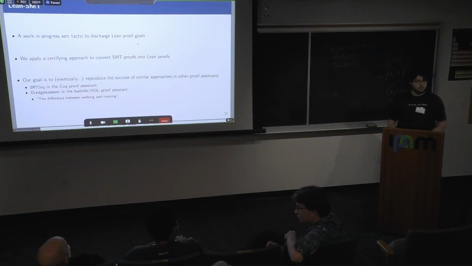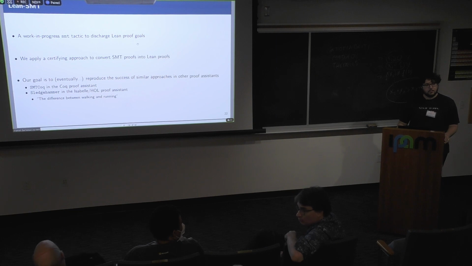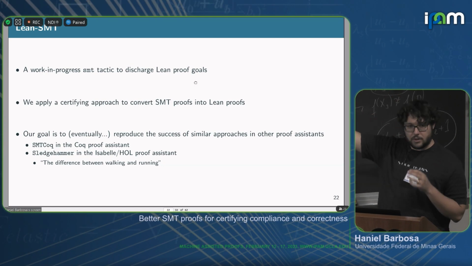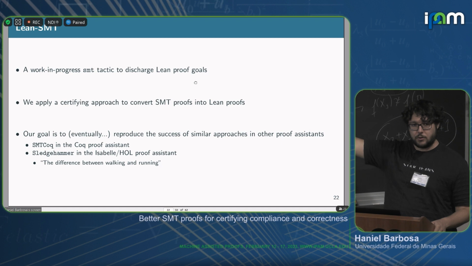So what's the difference between CVC5 and Sledgehammer and SMTCoq? Sledgehammer and SMTCoq are tools that run in the proof assistant. They are effectively tactics for solving problems in the proof assistant.